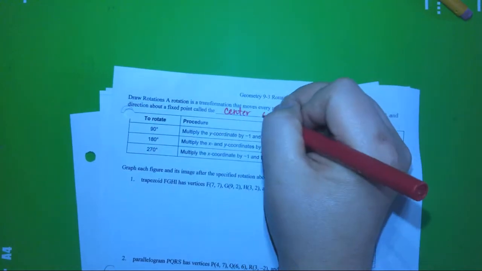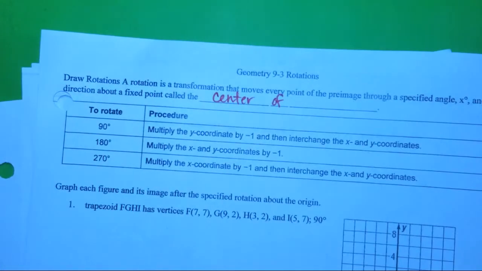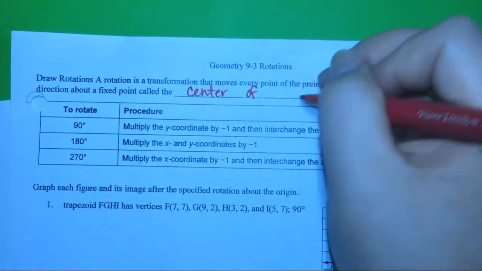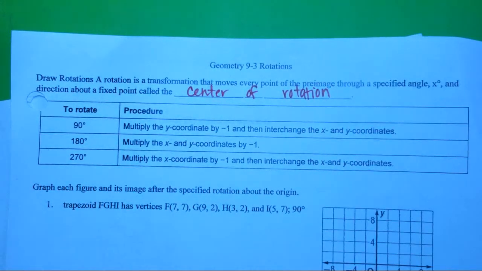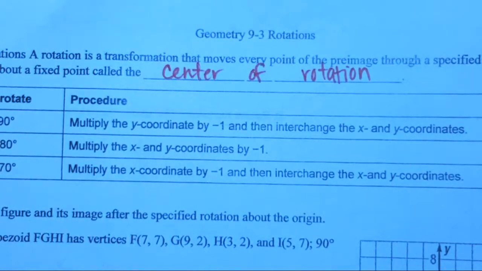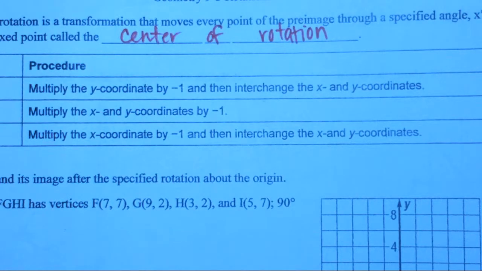So the top of the notes is center of rotation. Now you actually don't have to identify where that center occurs, which is weird because you had to identify where that line of reflection was. Strange.